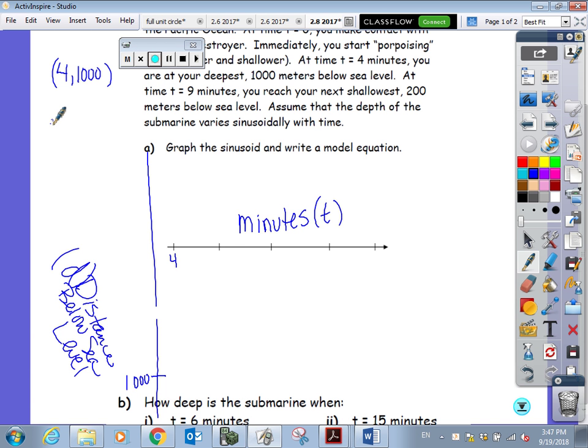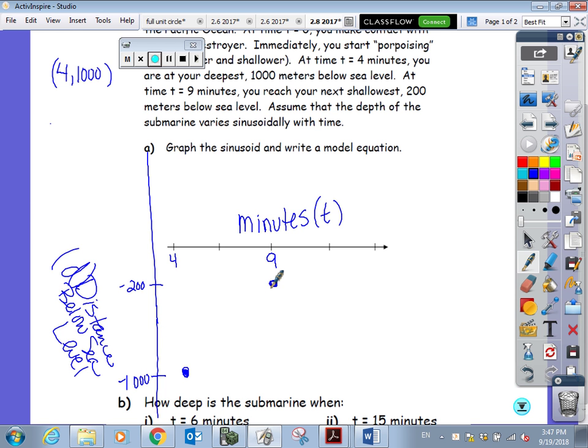So for 1,000, we know that's a coordinate point right there. At 9 minutes, we're at our shallowest. So remember, we have high, middle, and lows. Our shallowest happens at 9 minutes, and it tells us it is 200 meters below. So negative 200.